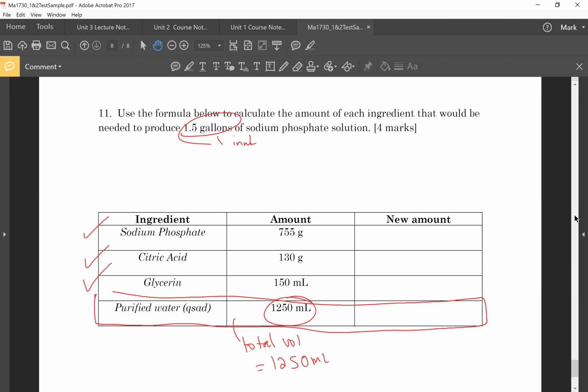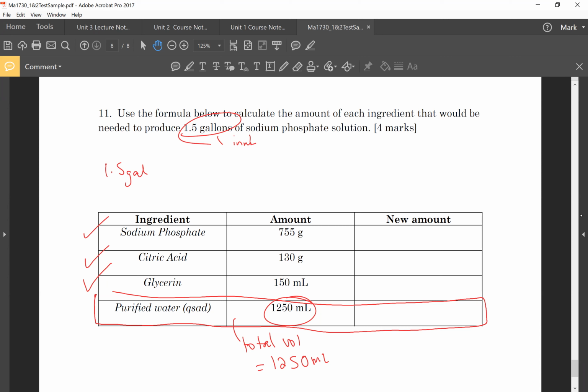Okay, so let's do that. 1.5 gallons. This test didn't specify, so we're always going to be using US gallons, and that's the only one on your formula sheet.